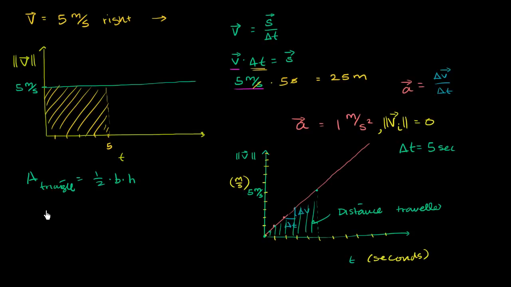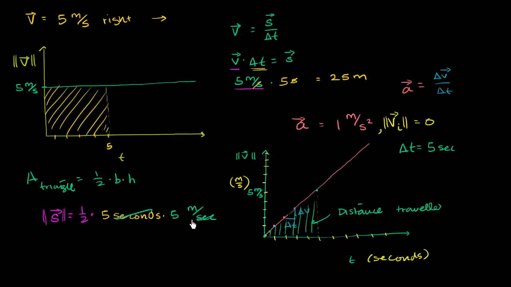So the distance traveled in this situation, or I should say the displacement, just because we want to make sure we're focused on vectors, or I should say the magnitude of the displacement, which is the same thing as the distance, is going to be 1/2 times the base, which is 5 seconds, times the height, which is 5 meters per second.